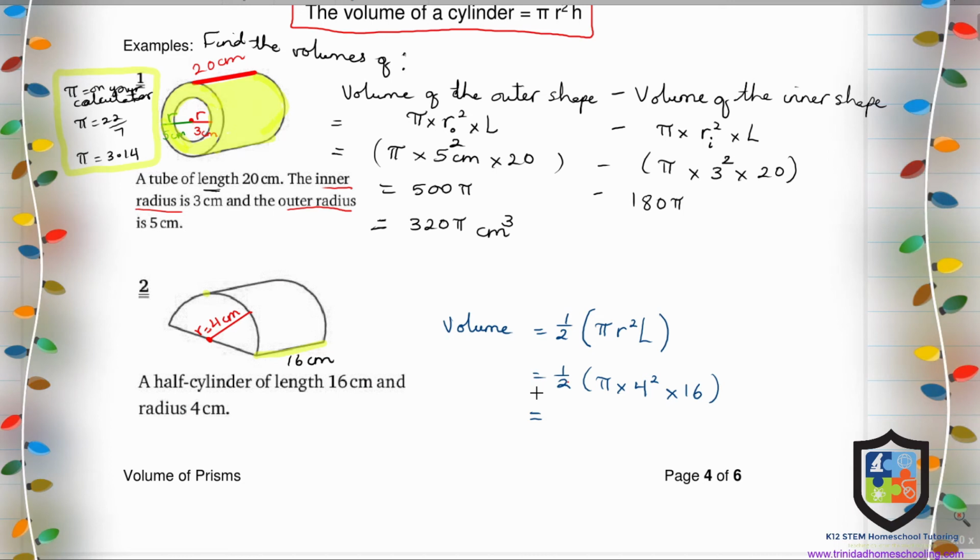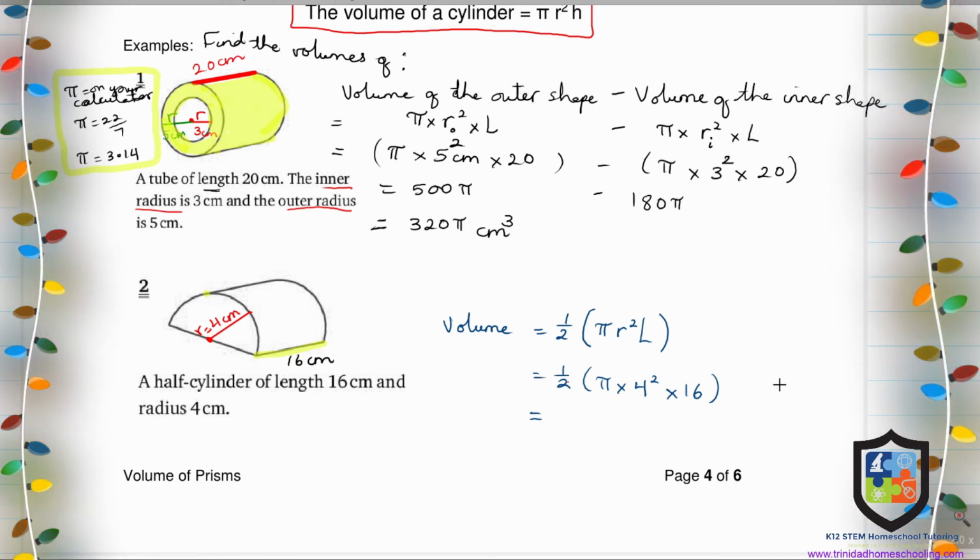Right, and I'm going to leave my answer in pi again because it will vary according to what you choose to use as your pi. So I have 128 multiplied by pi. My units are going to be centimeters cubed because it's volume we're finding.